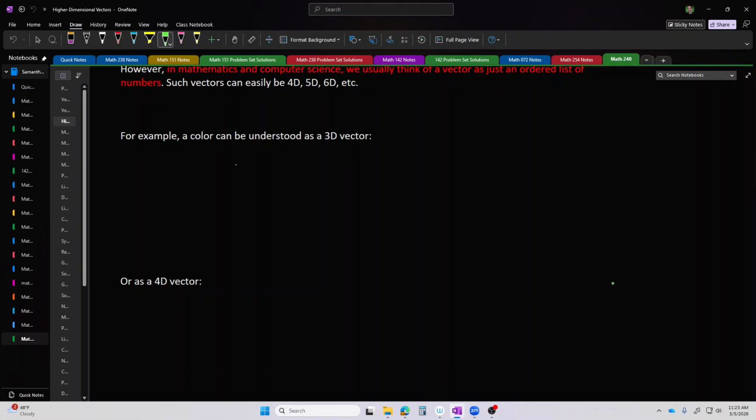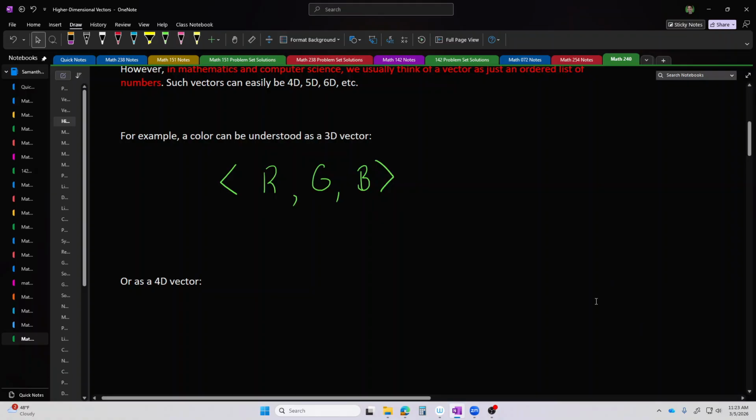A vector containing as its first entry the color's red value, in its second entry the color's green value, and its third entry the color's blue value. So often in computer work, we represent colors as three-dimensional vectors, this ordered list of values, red, green, and blue.